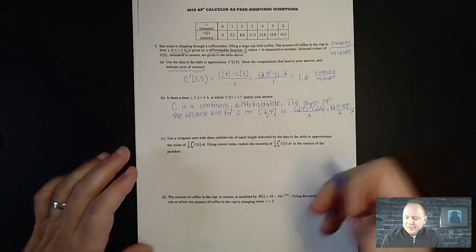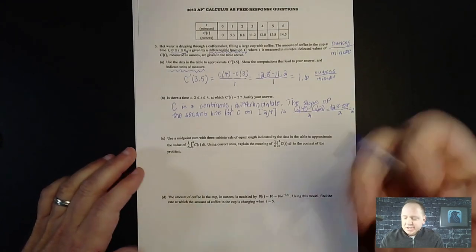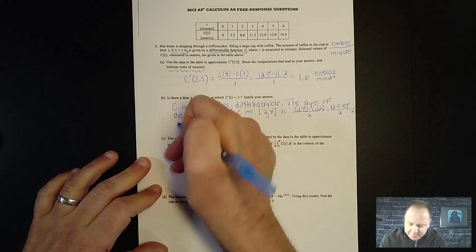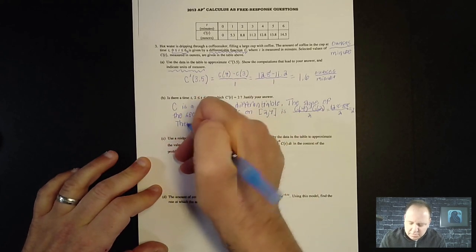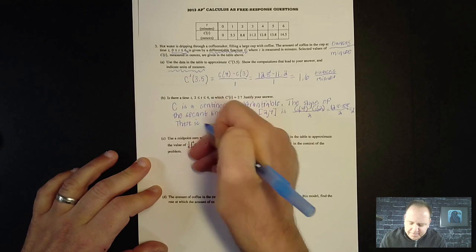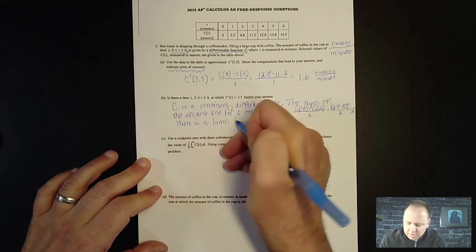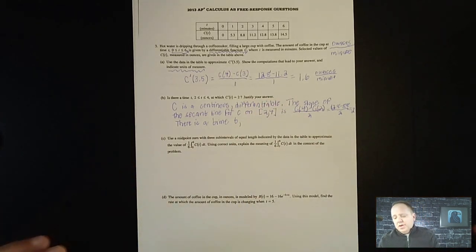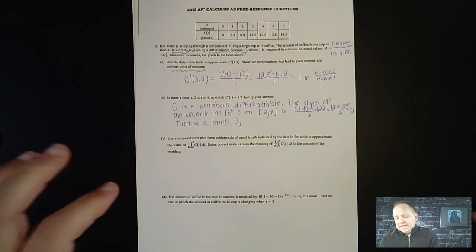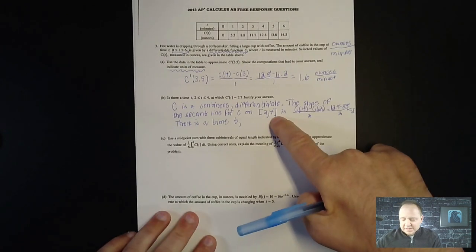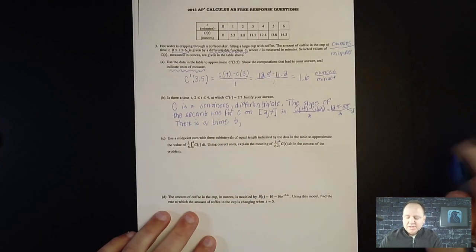All right, now that we've shown that the secant line slope is 2, we're just going to go straight into their words. There is a time t, now remember, it's on the interior of where I calculated the slope of my secant line, where it would equal the slope of the tangent line.